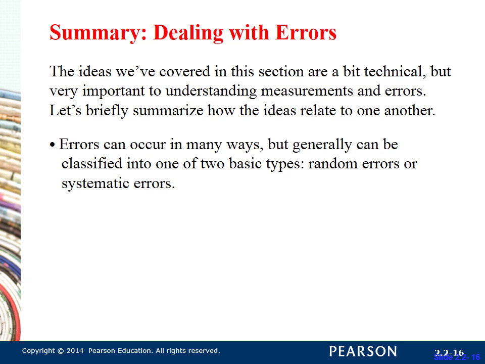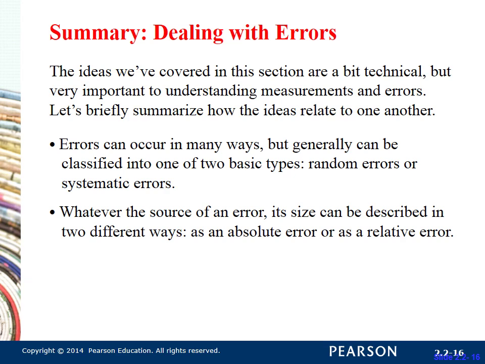So the systematic errors we can actually correct for once we know what it is. Whatever the source of the error was, its size, how big is it, can be described in 2 different ways. Absolute is just how far apart the true is from the measurement, so you'll subtract. A relative error, on the other hand, is written as a percentage.